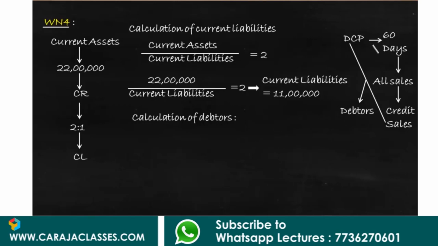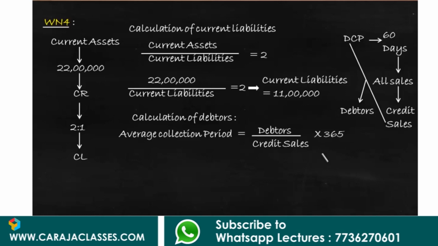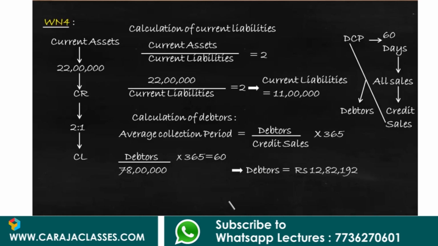Average collection period, which is 60 days, is equal to debtors divided by credit sales per day, which can be written as debtors divided by credit sales into number of days in a year, which is 365. So debtors divided by the credit sales, which is 78 lakh, multiplied by 365 is equal to 60. We get debtors is equal to 12,82,192. So in this way we have found debtors.